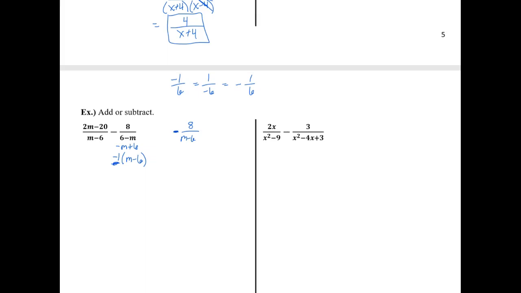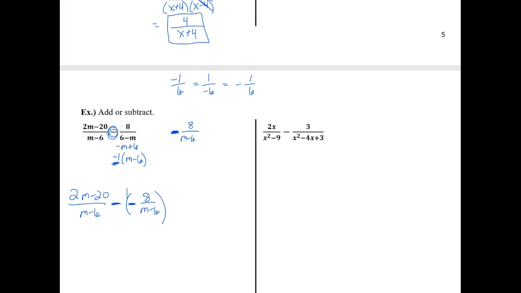So now this means I have 20m minus 20 over m minus 6 minus, from this subtraction here, and then I have this negative out front of my rational expression. And what happens when I subtract a negative number?